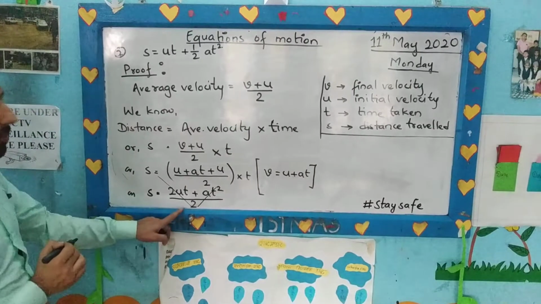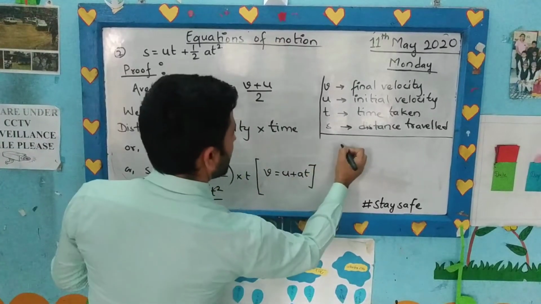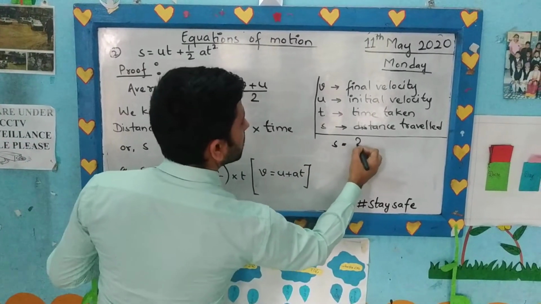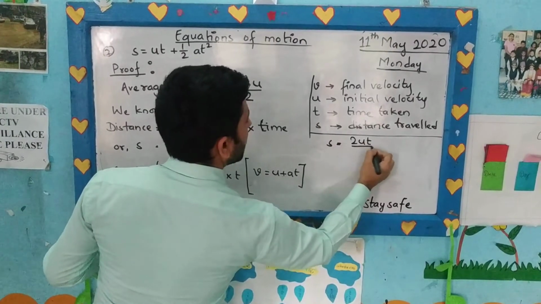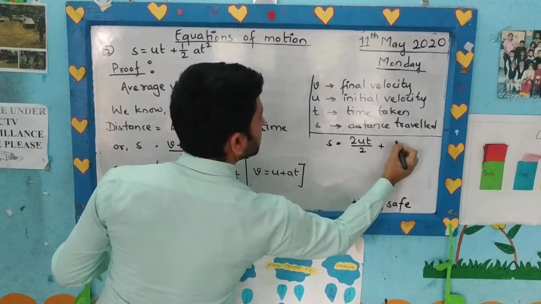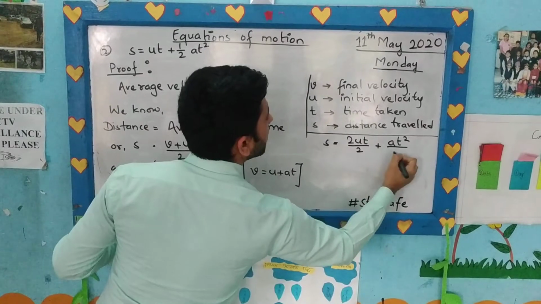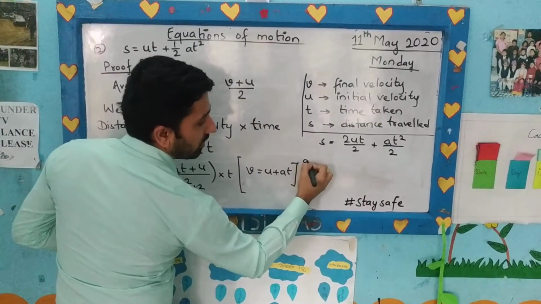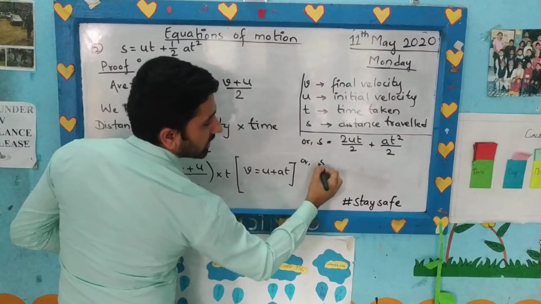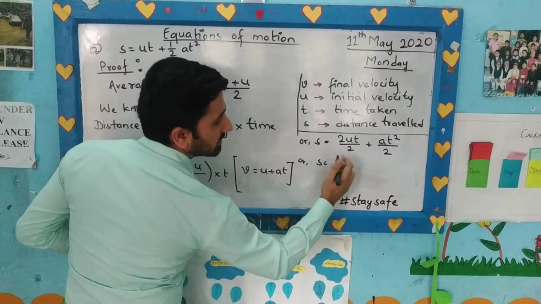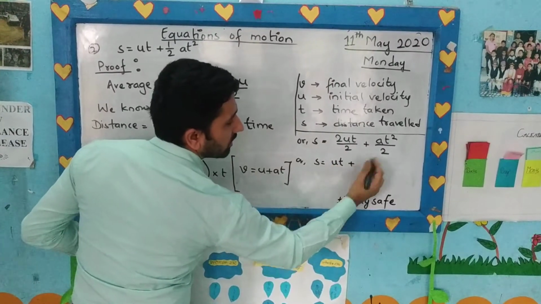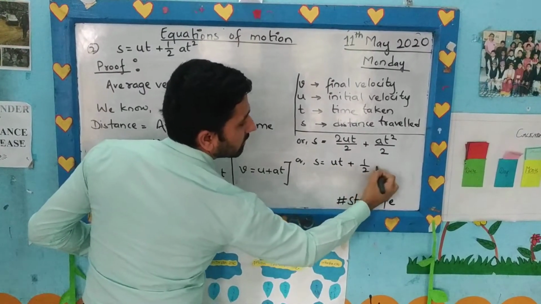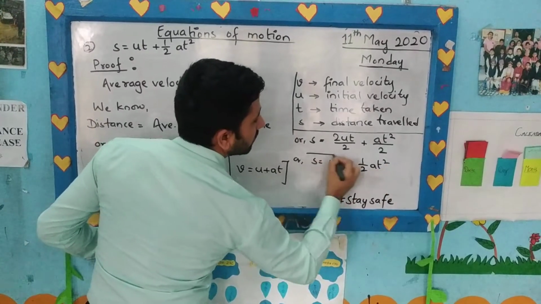V-shape form means opposite of LCM. That is s equals 2ut divided by 2 plus at square divided by 2, or s equals, 2 and 2 cancel each other, ut plus half at square, which is the second equation of motion.